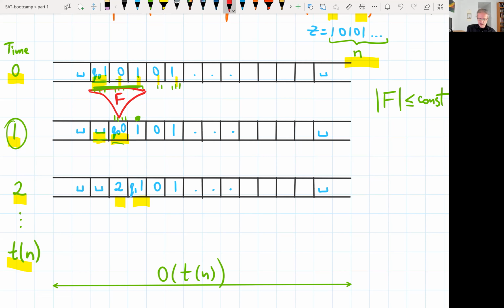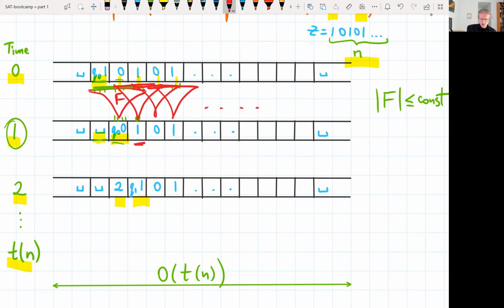Now, if I want to compute the symbol at this position over here, then I also need to plug in a copy of the same circuit that will compute the symbol in this position by looking at the appropriate triple of symbols in the previous time step. And in general, as the computation progresses, I don't know where the action is going to be happening, where my tape head is located, so I'm forced to put a bunch of copies of the circuits like so in all positions for the symbols in the next time step.